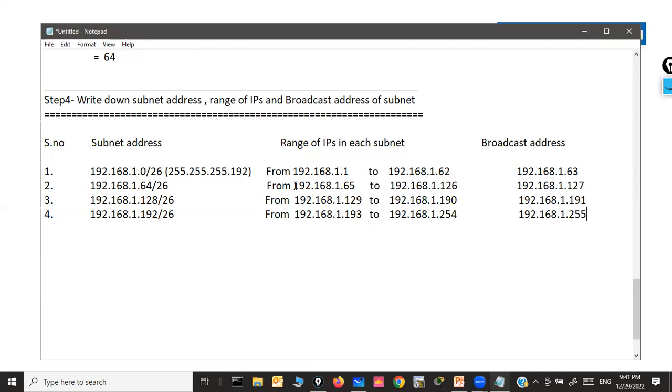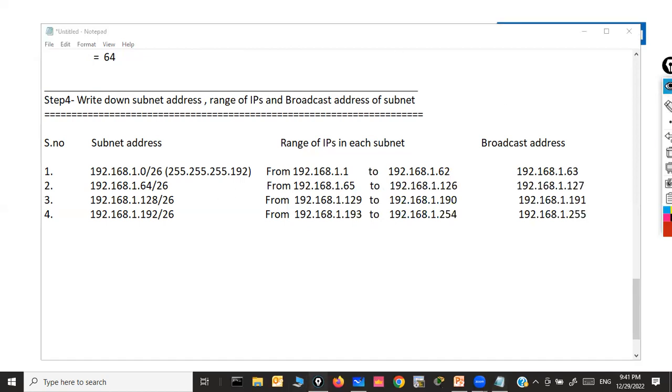So how have I written everything here? Look at these numbers: 0, 64, 128, 192. The block size, the 64 magic number, I added to the fourth octet, and I just kept on adding till I got this number, 192.